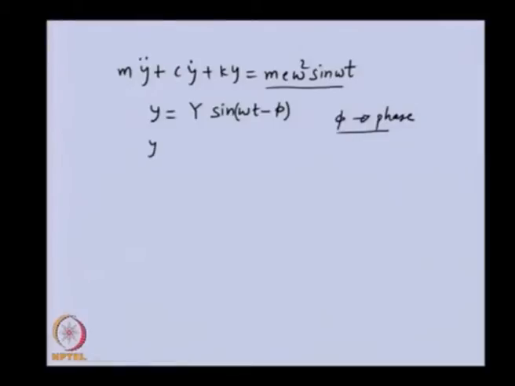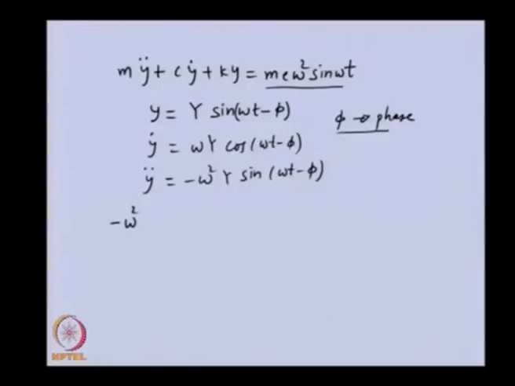Now we can take the derivatives. This will be positive. If you take the double derivative, then it will become negative. Now we can substitute this in the equation of motion.